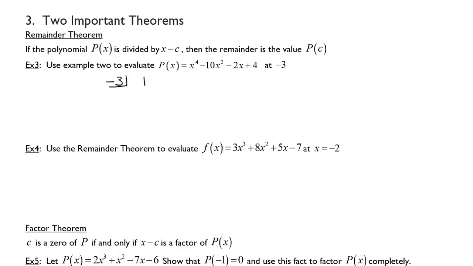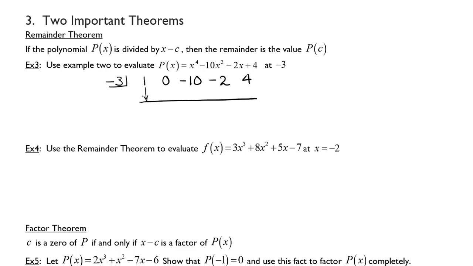I need to list all my coefficients. X to the fourth has a coefficient of 1. X to the third has a coefficient of 0. Negative 10x to the second has a coefficient of negative 10. X to the first has a coefficient of negative 2, and the constant term is 4.